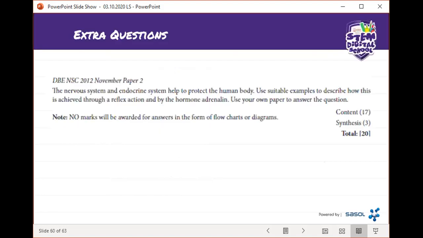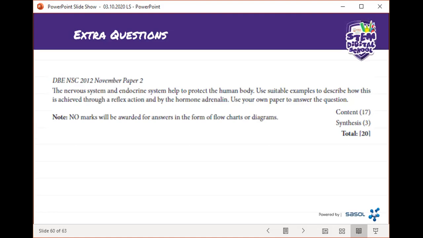Then we also have the addition of pupils. So just some extra questions for you guys to do at home for extra practice and mastering this topic. So we have a long question here which says the nervous system and endocrine system help to protect the human body. Use suitable examples to describe how this is achieved through a reflex action and by the hormone adrenaline. Use your own paper to answer the question.